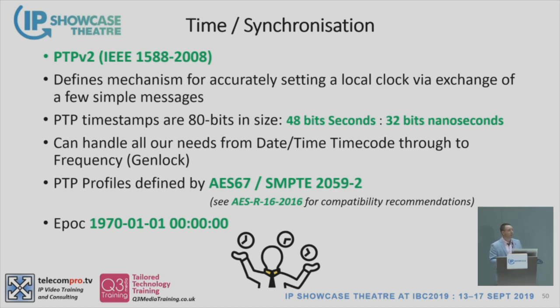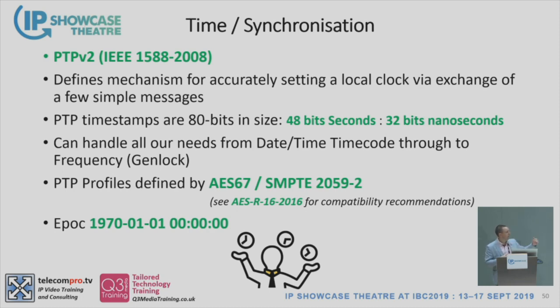It's built upon a protocol from outside broadcast. This is a worldwide protocol defined by the IEEE. It just provides a mechanism for setting clocks very, very accurately via some defined messages, and that's what we're going to be talking through.